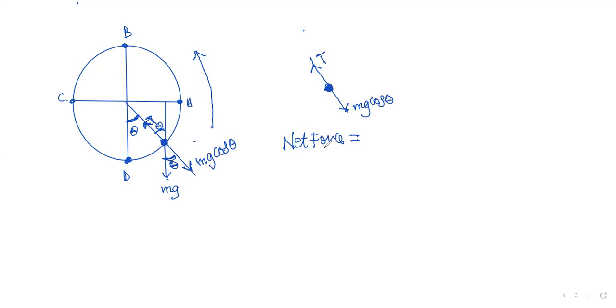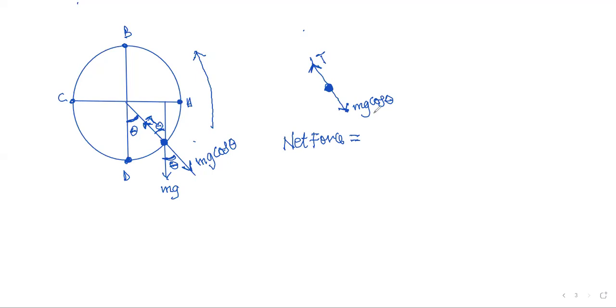Mamiya, what will be the net force acting on the body if we have this downward component of force and then the tension in the string? T minus mg cos theta. Why not the other way around?